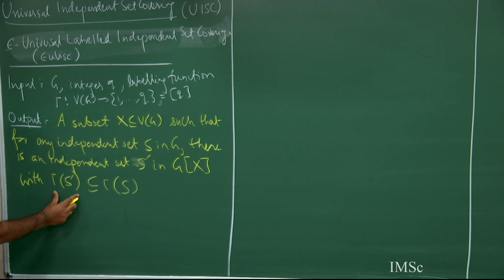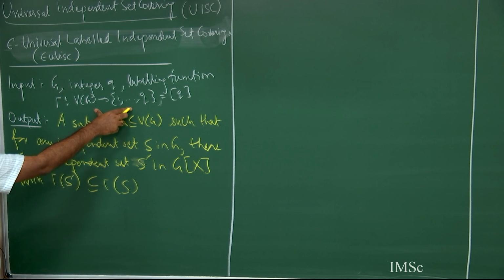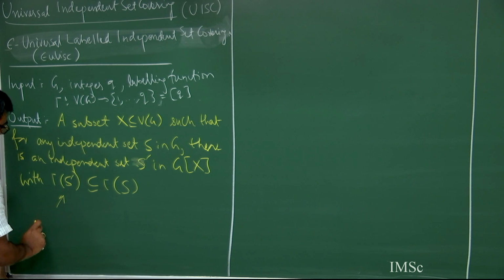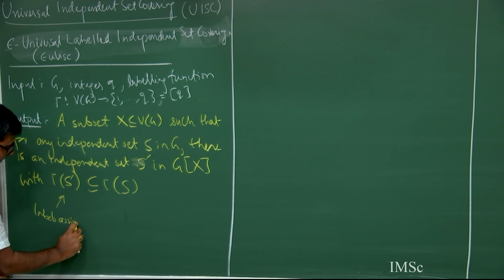So what is gamma of S prime? You basically look at this set of vertices and collect all the labels which it has got. So it has been colored maybe by red, blue, green, yellow. That is part of gamma of S prime. Gamma is a function, so gamma of S prime is the labels assigned to vertices in S prime.